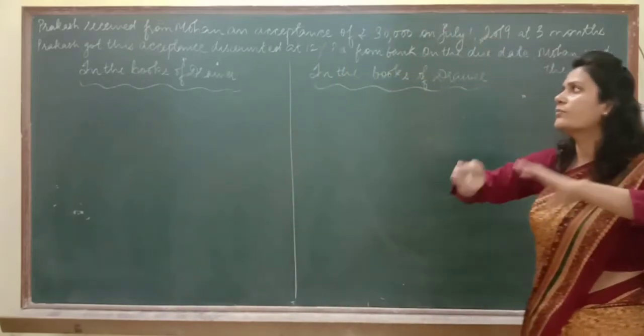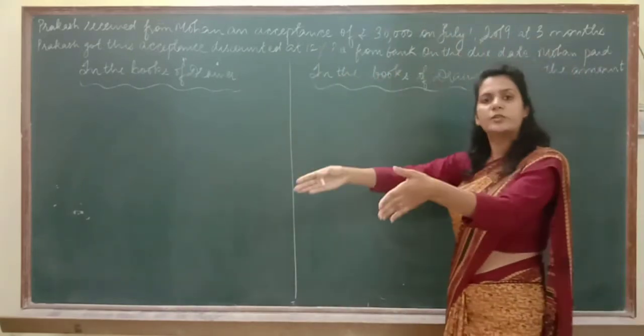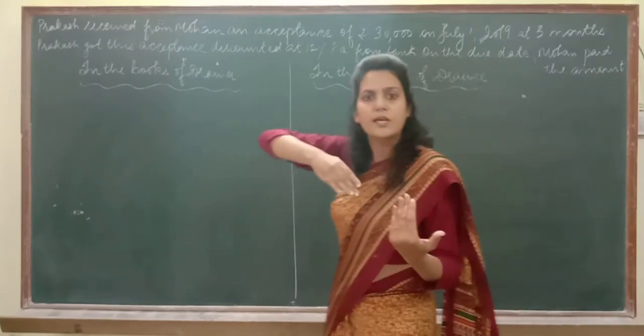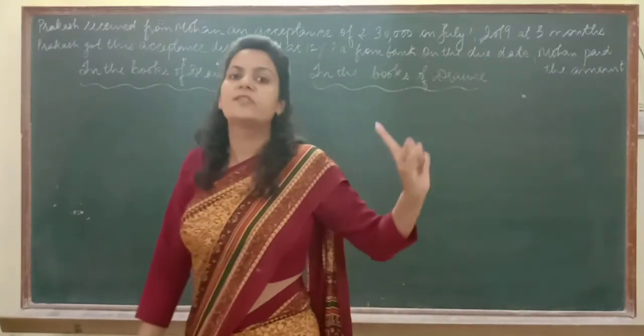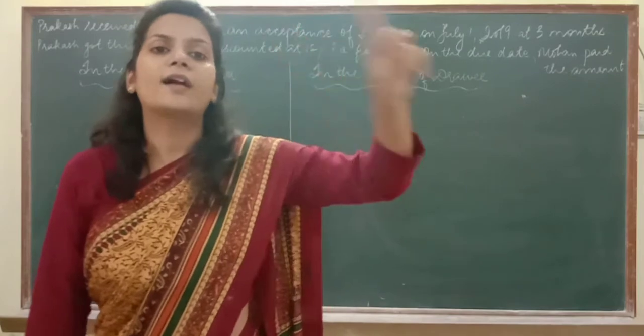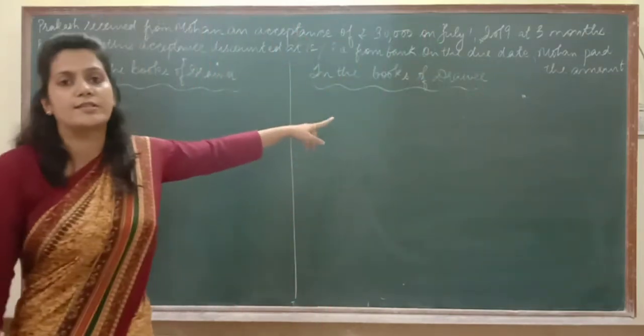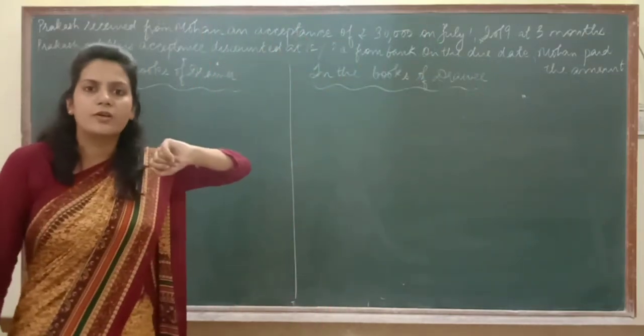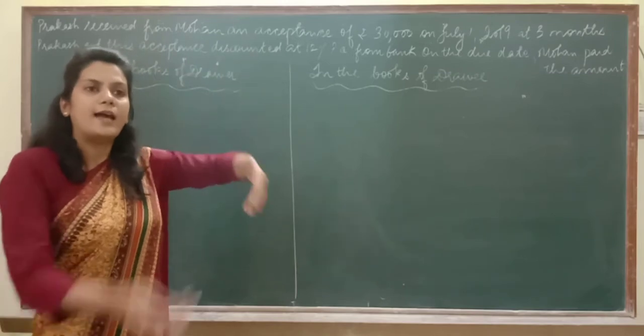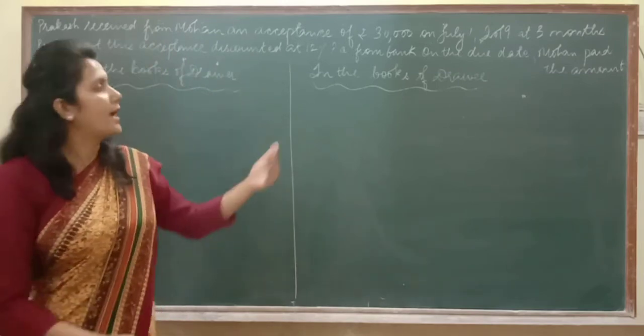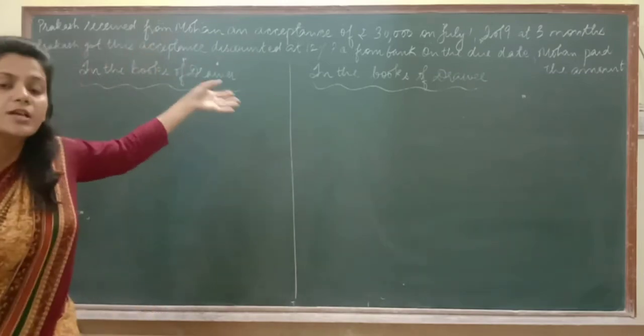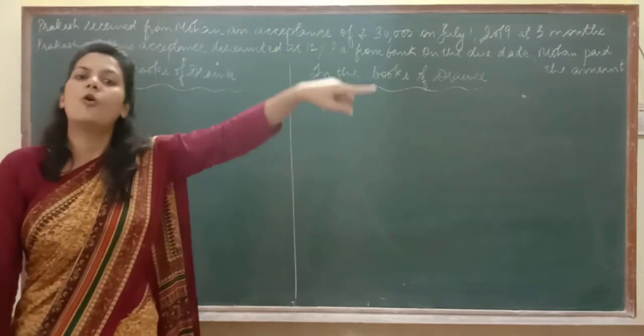In this case, it must have happened that Mohan has to give some money to Prakash because of some other reasons. Got it? That reason is not specifically mentioned in the question. So I can't pass the entry of sale and purchase because that thing is not mentioned in the question. I have only assumed that Mohan has to make some payment to Prakash. So Prakash has written a bill on Mohan.